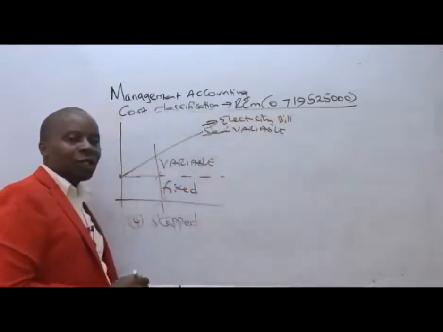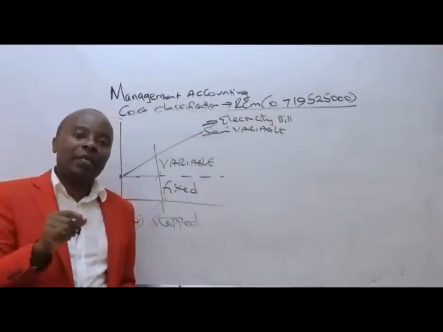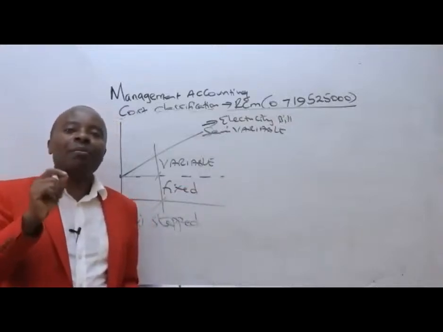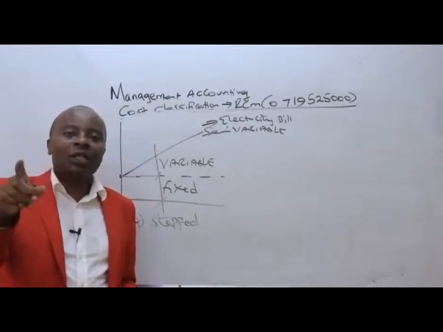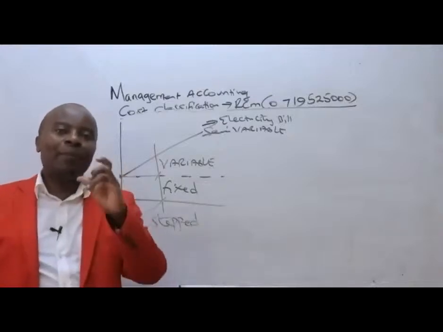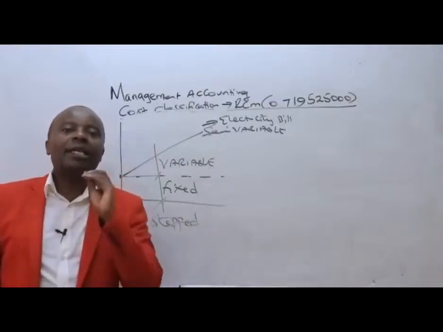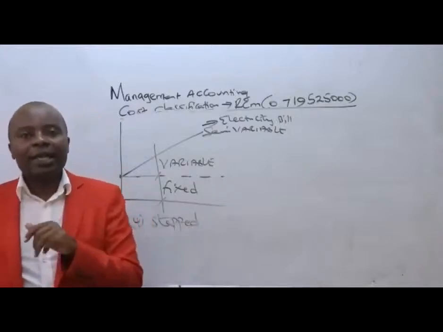today, trust you me, there is a component of your bill that does not depend on the number of units that you consume. There are those Kenya shillings, or whatever currency you're using, which will be put onto your bill that basically depends on periodicity, monthly, like Kenya shillings 120.